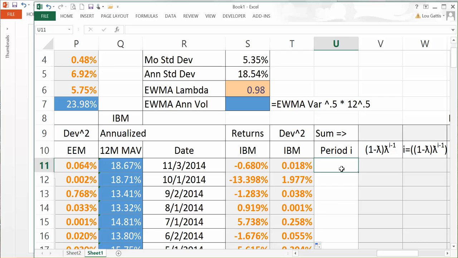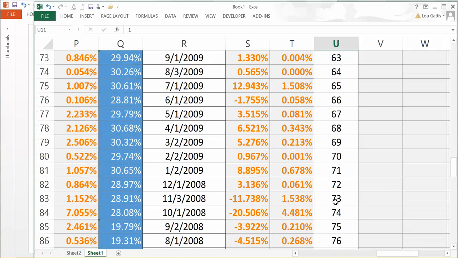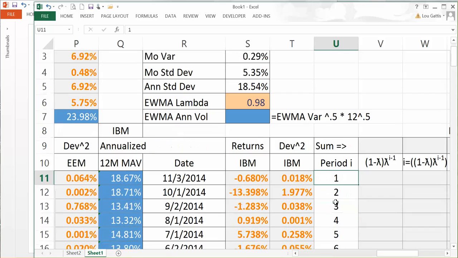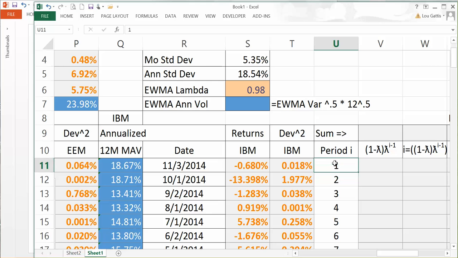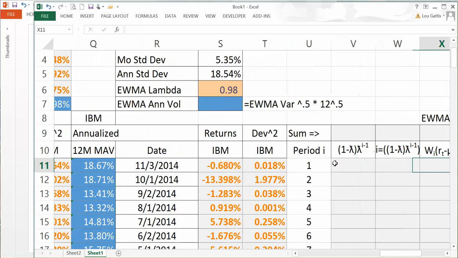And let me number this 1 to 130. So now I have 130 squared deviations, and I've numbered my returns, and these are in descending chronological order. So this is the most recent. That's where you want to set i to 1.